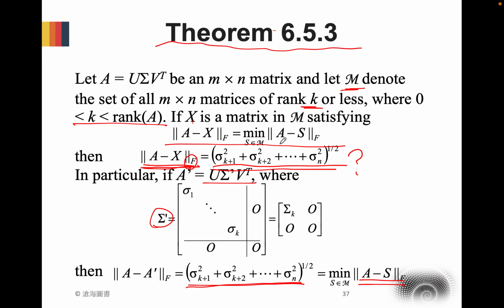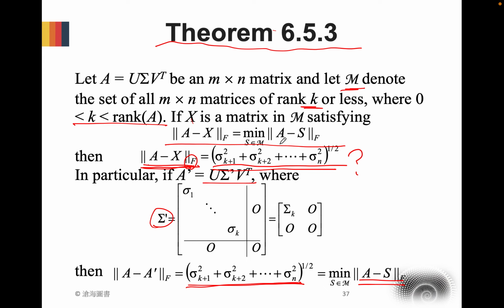So we divided it into column vectors here. We can represent A as an outer product expansion. If we calculate this, we can rewrite it as sigma 1 U1 V1 transpose plus sigma 2 U2 V2 transpose and so on.